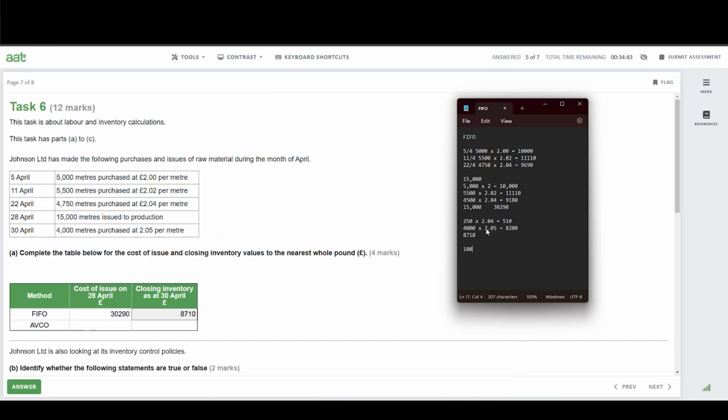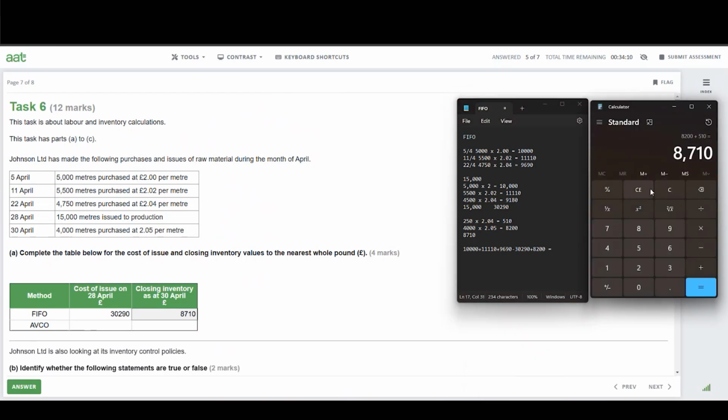So we've got 10,000 plus 11,110 plus 9,690 minus the cost of issue, which was 30,290, plus the receipt on the 30th of April, which came to 8,200. That should come to the same figure as we've just calculated for closing inventory.